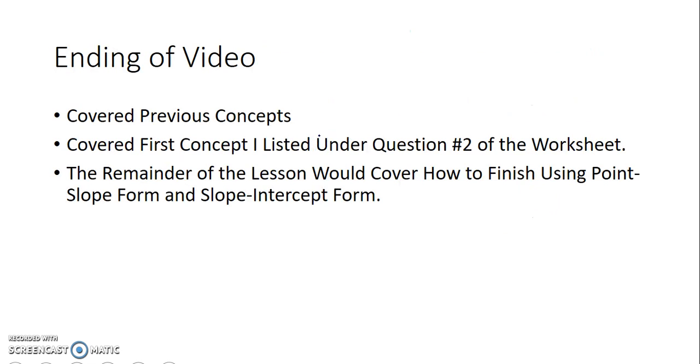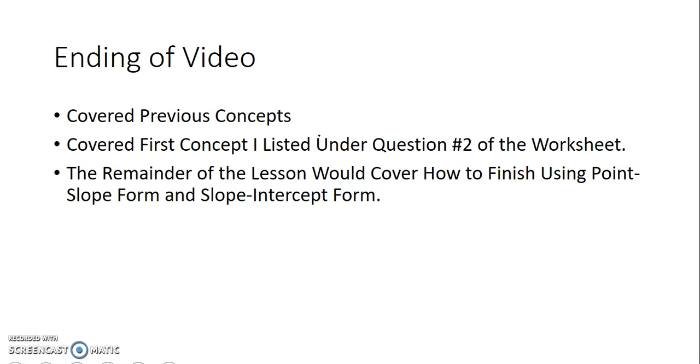Okay, so that was the end of my video. I covered at the beginning previous concepts that the student should have already known, which is what I covered in question 1. Then I started by covering the first concept that I listed under number 2, which was finding the slope using m equals the difference in y over the difference in x.